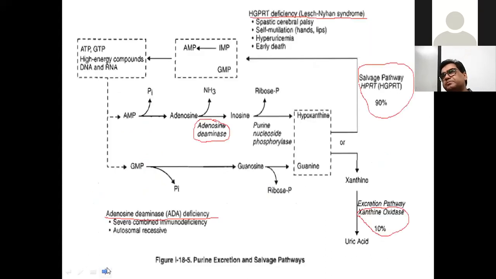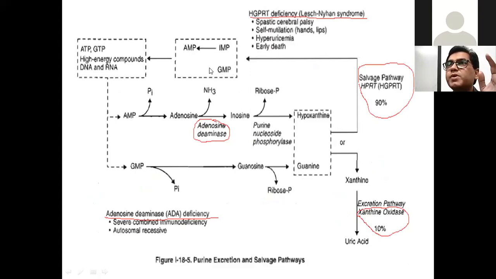Now what's happening? If we can summarize this picture, this diagram shows you the two pathways of the synthesis of the nucleotides and their degradation as well. How these two pathways are going to be synthesized and degraded. I told you in the beginning that this is your inosine, which is your IMP, that can give rise to AMP or the GMP.